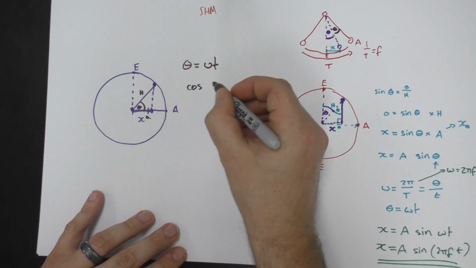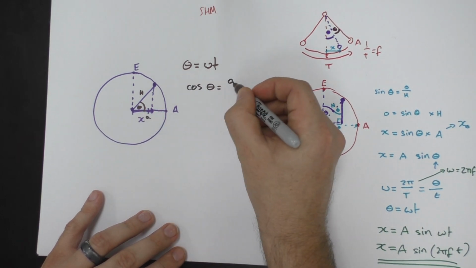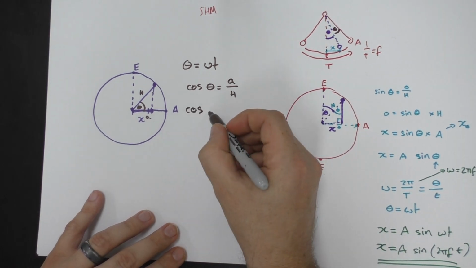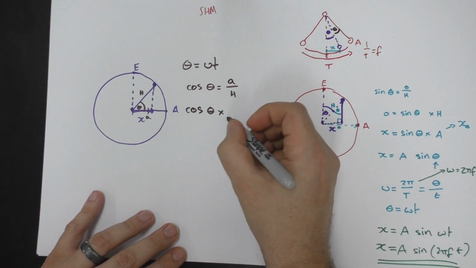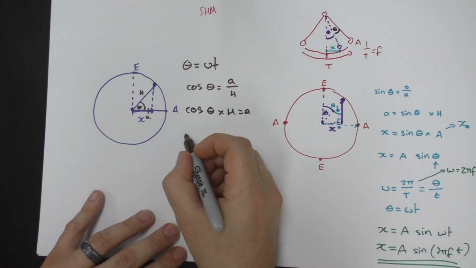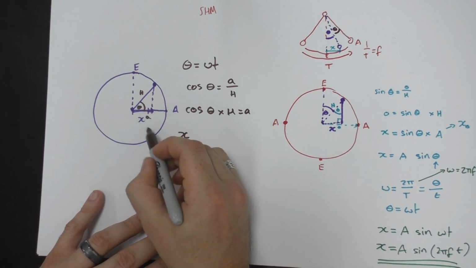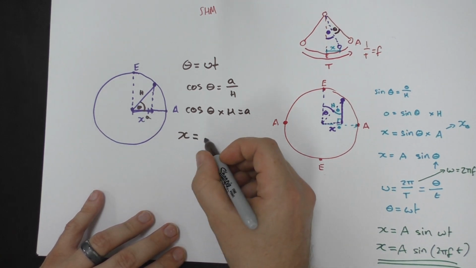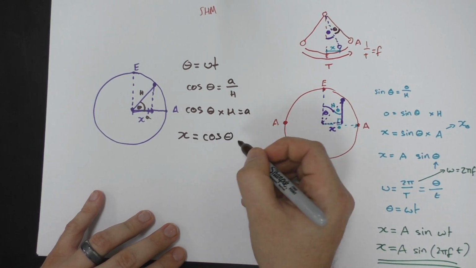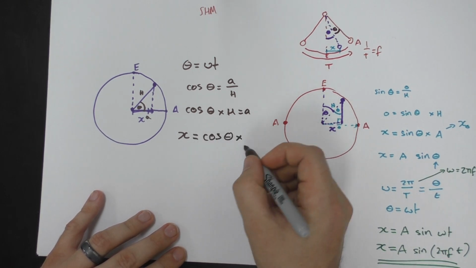So cos theta equals the adjacent over the hypotenuse. So therefore cos theta times by the hypotenuse equals the adjacent, which we can reword as x, remember this is the adjacent, is equal to cos theta times by the hypotenuse.